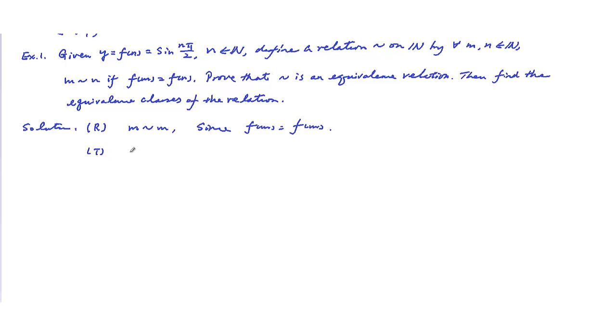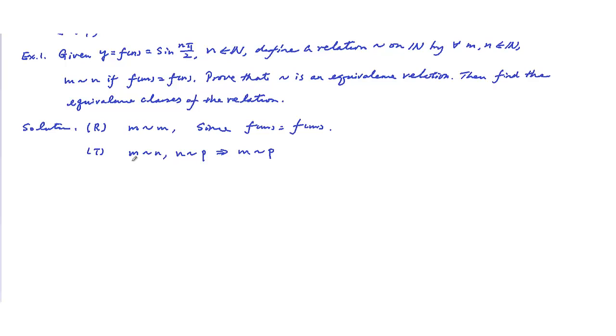Transitive: we need to verify that if m is related to n, and n is related to, say, p, then we need to conclude that m is also related to p. That's what we mean by transitive.